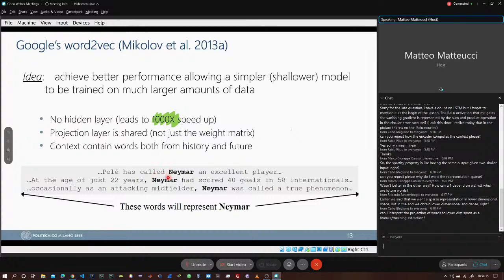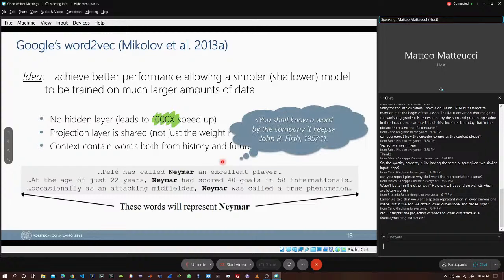We will see it better in a minute, but basically what you want to do is to find a representation of the surrounding words which is enough to predict this word, so that the encoding of this word is a sort of feature extraction of the surrounding text. And this is an idea that comes from the 50s, that the meaning of a word is written in the words that surround it.